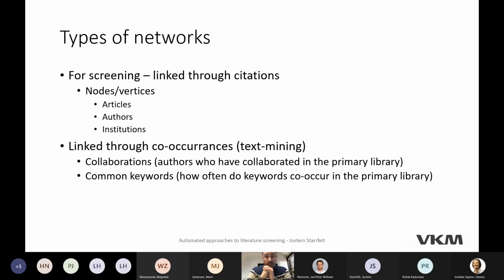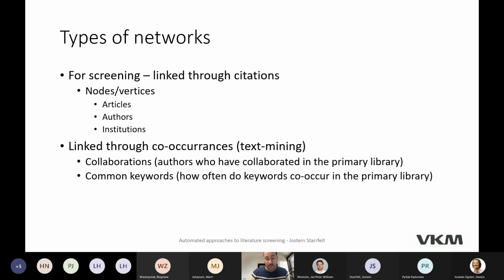Jostein spoke a lot about co-citation networks, and also about building networks based on authors who have collaborated together, and based on keywords. So, ways to link articles not only based on citations, but maybe based on authors that have collaborated together, or on common keywords.